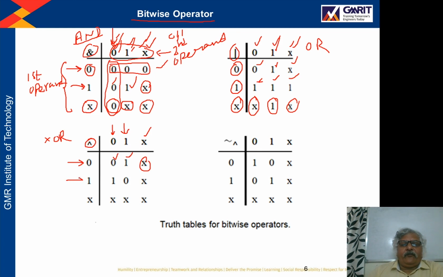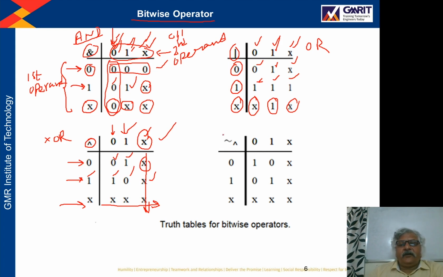If one input is 1 and the second input is 0, you will get 1. First input 1, second input 1, you will get 0. And if it is don't care, the output is don't care. If any one input is don't care, the output is don't care. It does not depend upon the second operand, right?